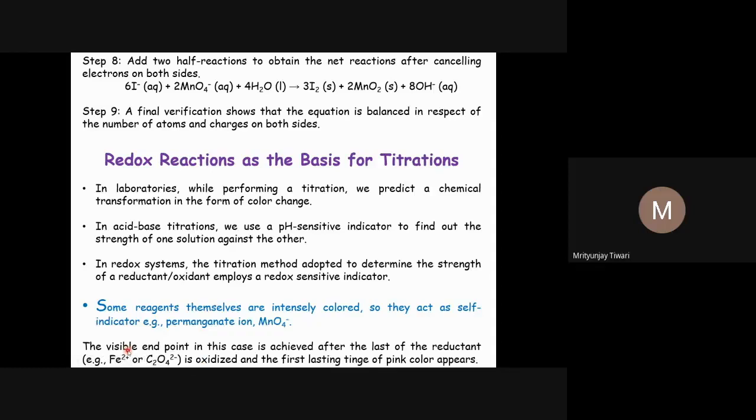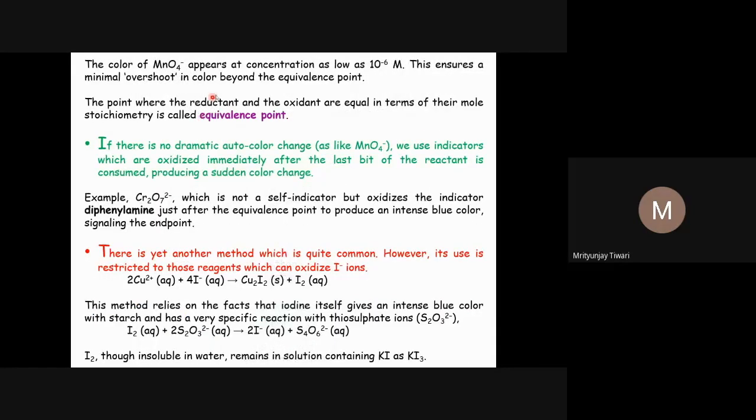So the Fe2+ ferrous ion, which will be oxidized to ferric, and even C2O4 2- oxalate, which will be oxidized to carbon dioxide and other things, will reduce permanganate ion. The color of permanganate ion appears at a concentration as low as 10 to the power minus 6 molar, which means mole per liter, or mole per decimeter cube.